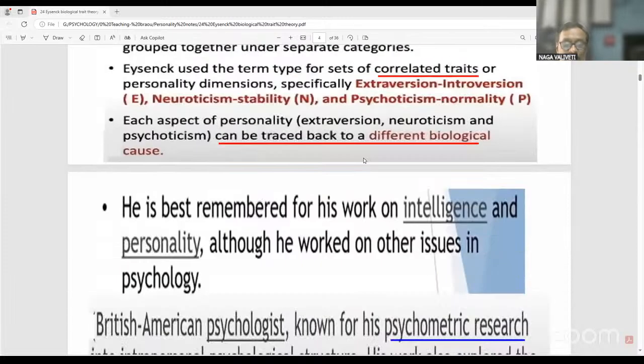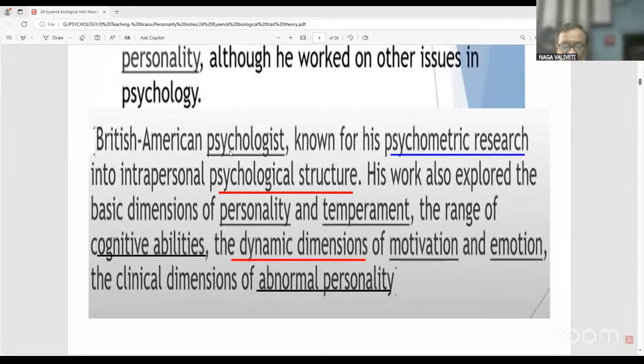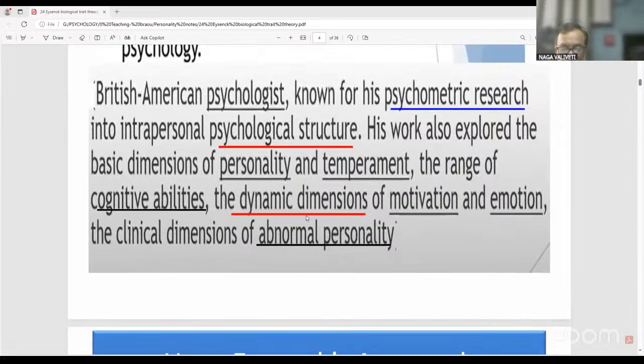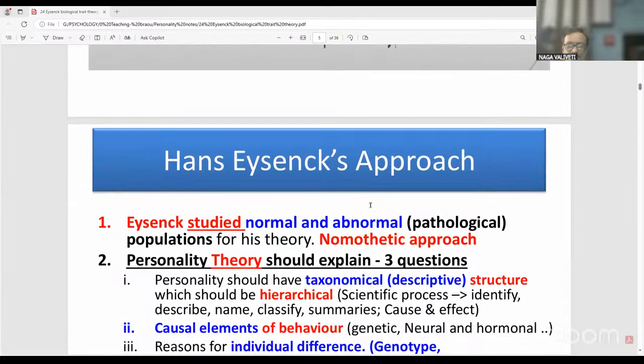Now, after doing that, he tried to give the structure and dynamics of the personality, taking the temperaments, types, traits, nervous system, motivations, emotions, and cognitive abilities, and also tried to explain abnormal behavior.